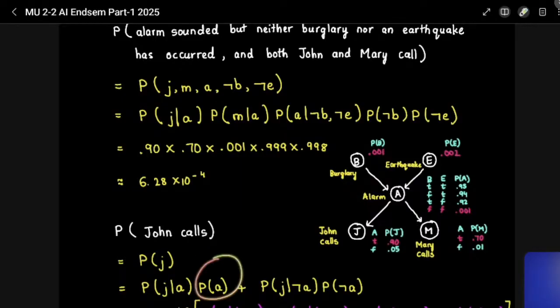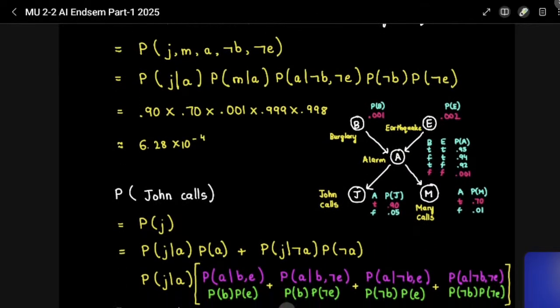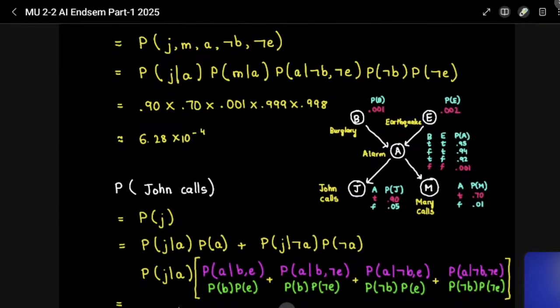So probability of alarm sounding can be split into four parts. So those four parts are given burglary and earthquake happened, what is the probability that alarm sounded? The other case is burglary happened, earthquake didn't happen, what is the probability alarm sounded?